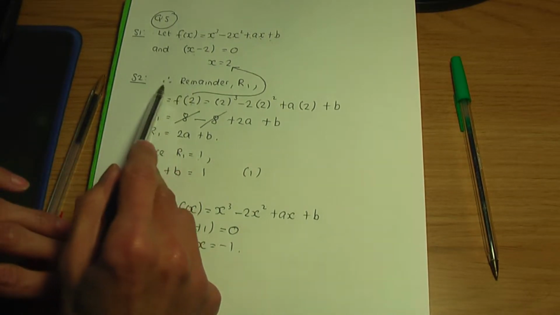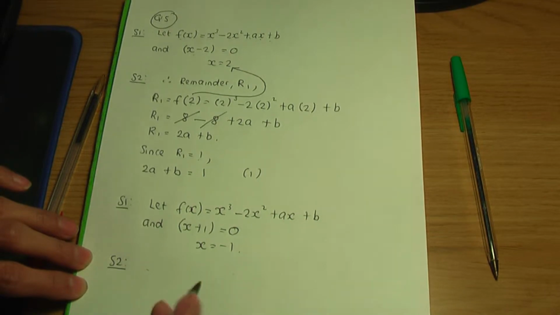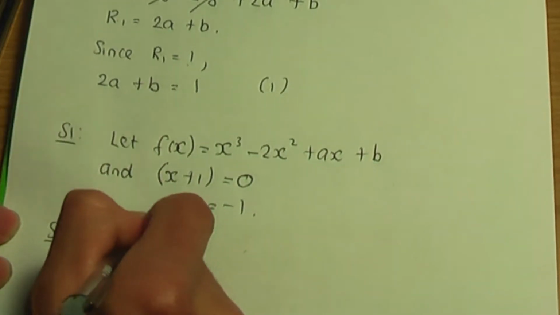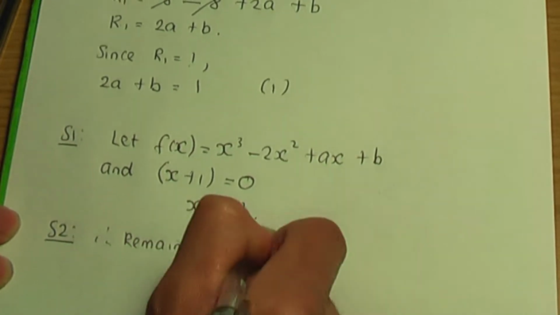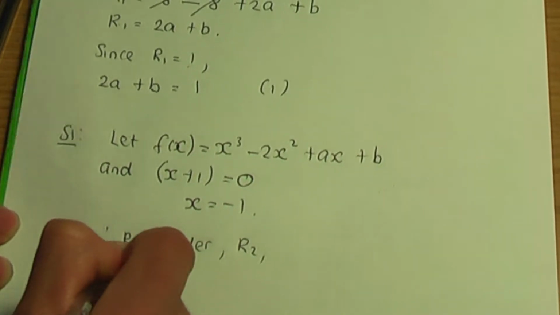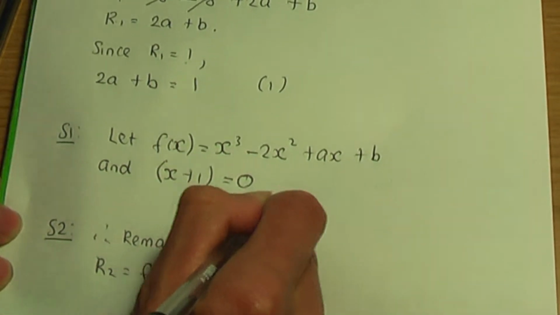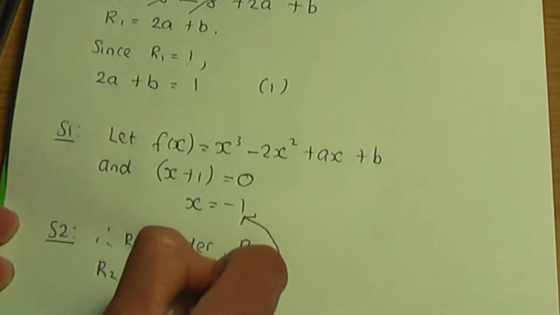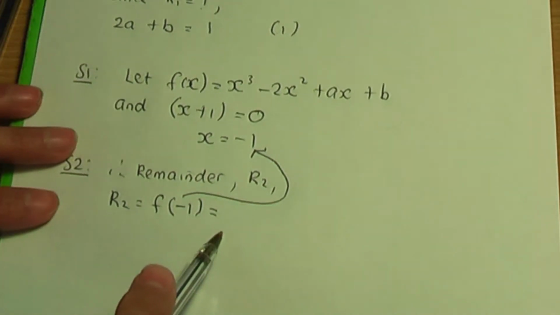So in step number 2, let's work out the remainder and let's call this remainder R2. So therefore R2 is going to be f of the value of x coming from step 1, which is minus 1. So let's work out f of minus 1.